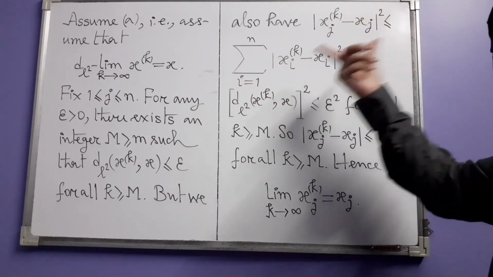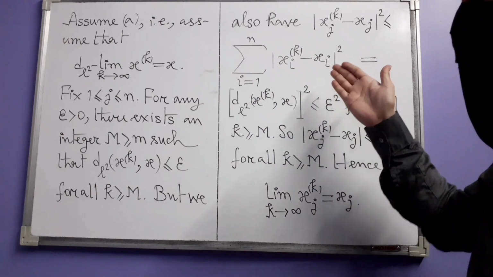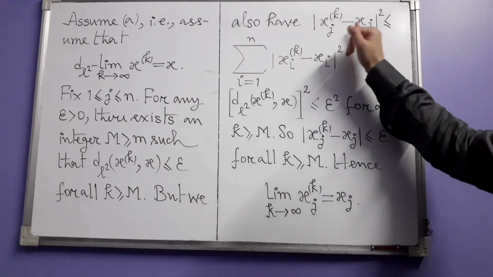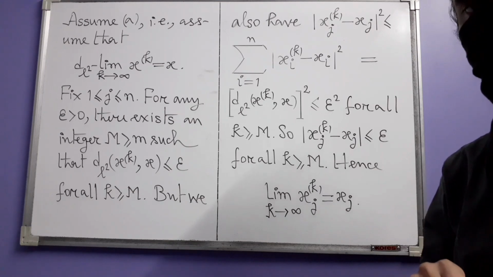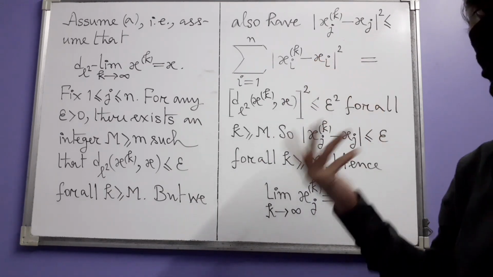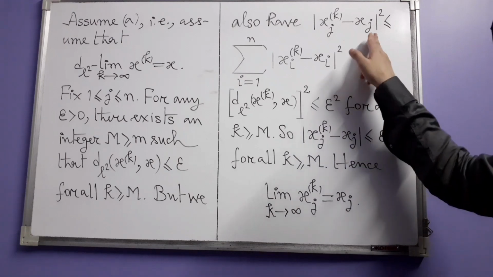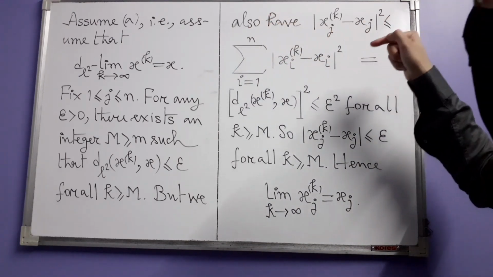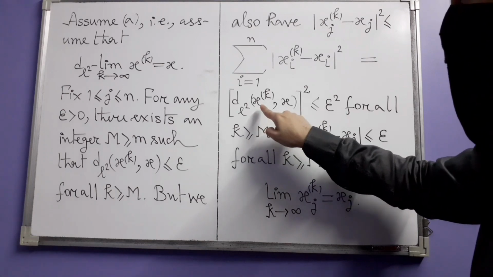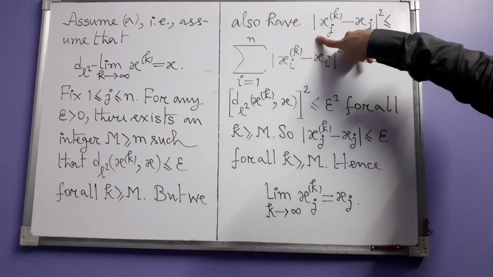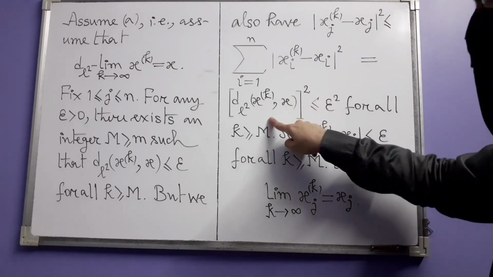And this is less than or equal to this because all the terms in this sum are non-negative real numbers, and this is one of them. We have already gone through similar arguments before, why this is true. But this sum is the square of the dl2 distance between xk and x. So this square is less than or equal to this square.